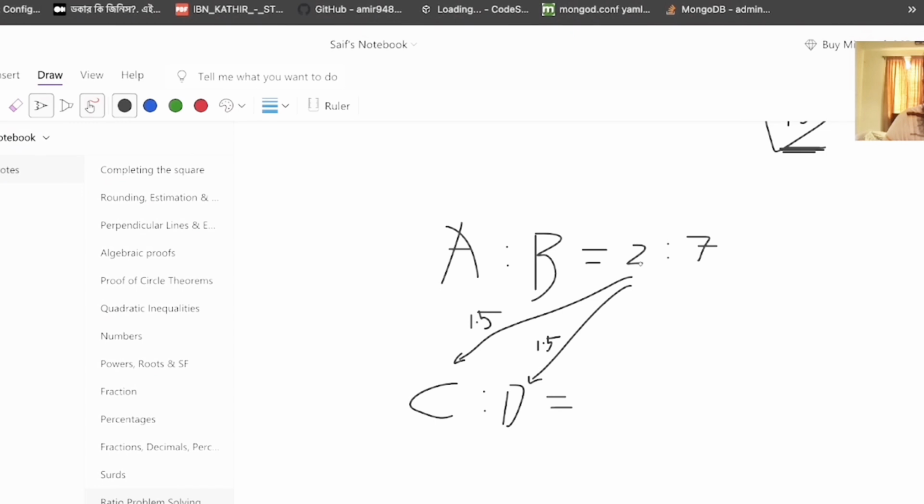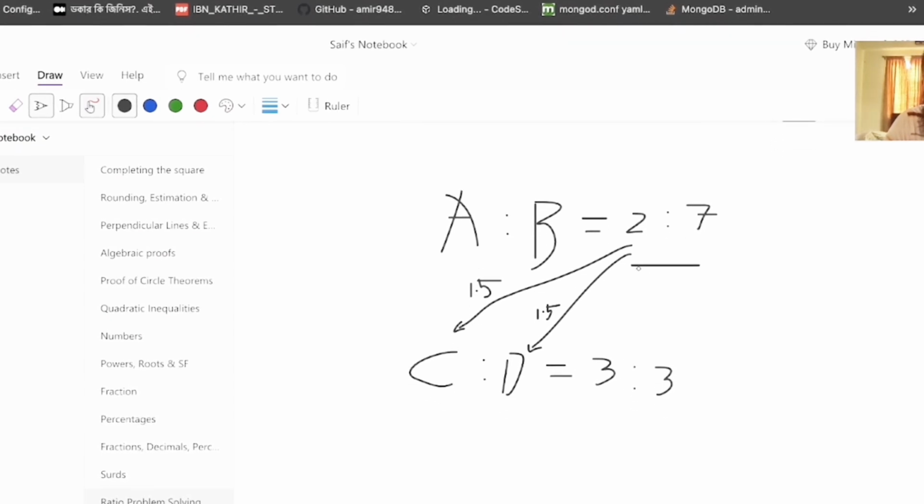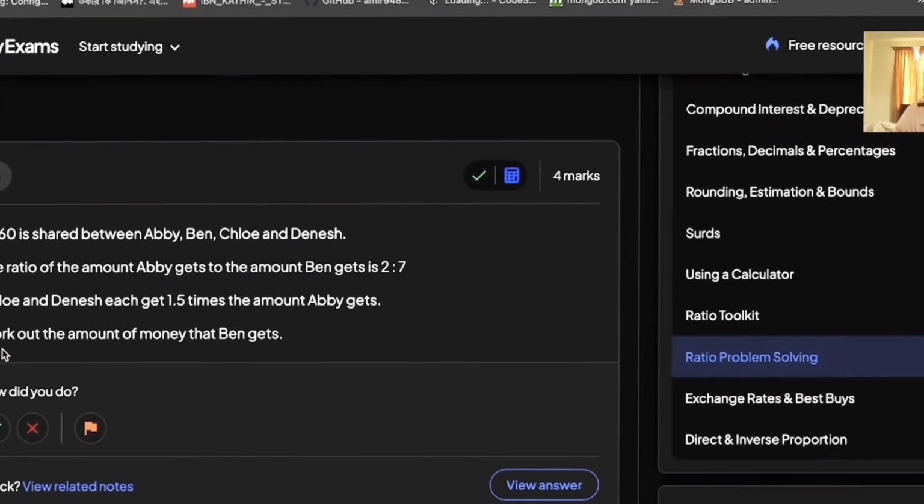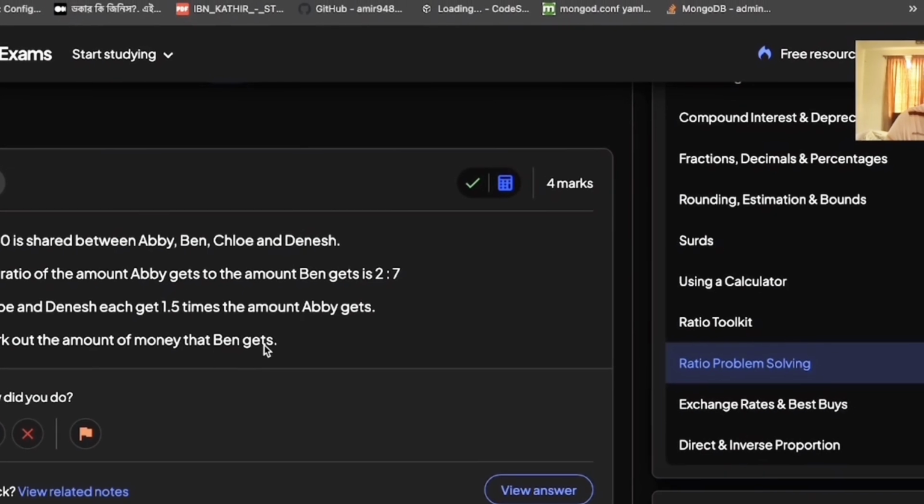If I multiply the ratio, we get 3:3 for Chloe and Dinesh. So in terms of ratio, Chloe is to Dinesh is 3:3. Now work out the amount of money that Ben gets.